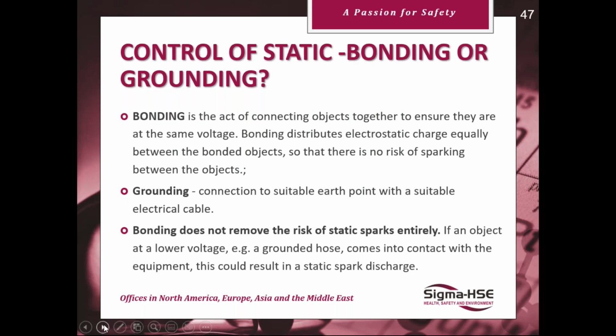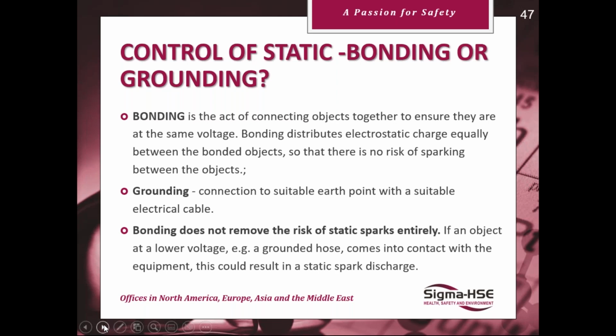So we looked at the bonding and grounding. Well, bonding is the act of connecting objects together, and basically you're making them at the same voltage. So the charge becomes equal on everything, so there's no risk of sparking between the objects. However, bonding does not remove the risk of static sparks entirely.